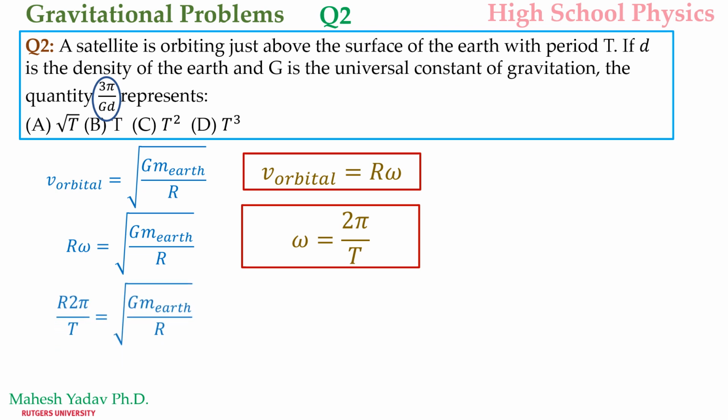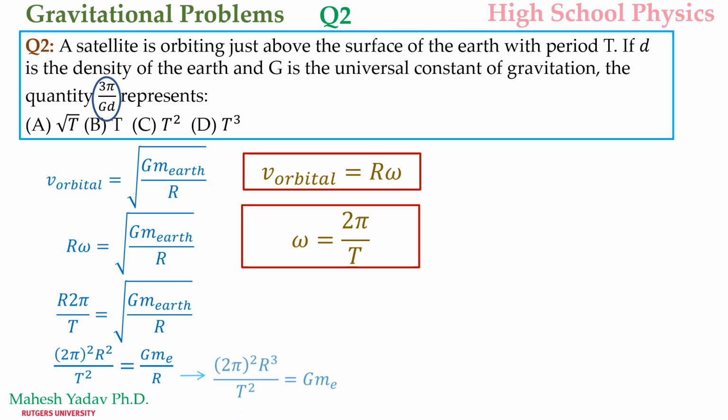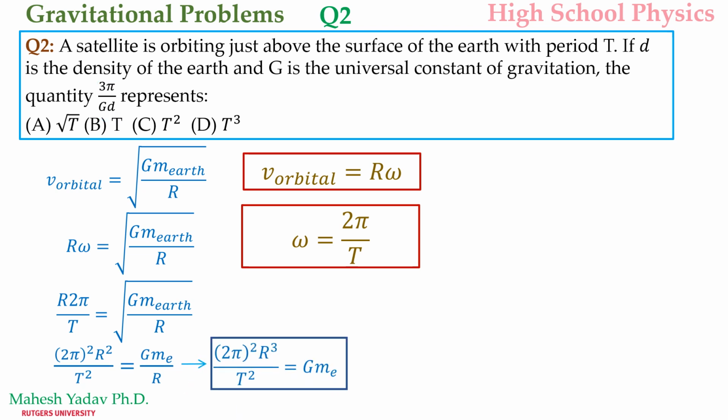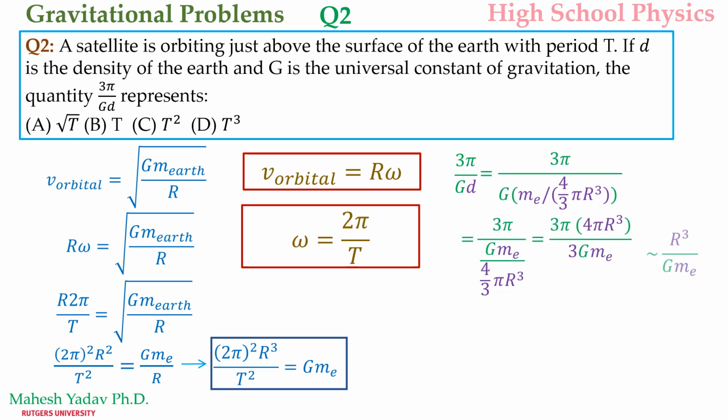We are not sure we will succeed, but you have to trust yourself that we may get the answer because T is involved. We now start with 3 pi over G d as given in the question. We substitute the density as mass of Earth divided by volume of uniform spherical Earth. We need to do the algebra. We ignore the number constants for quick calculation and get r cubed over G times mass of Earth.